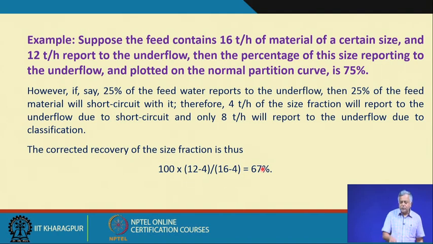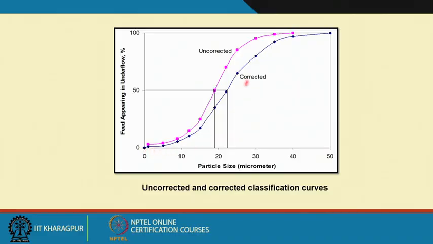Now, based on this concept, if I calculate the corrected recovery of each particle size and then replot it as a function of size, then we get a corrected classification curve, which should pass through the origin.